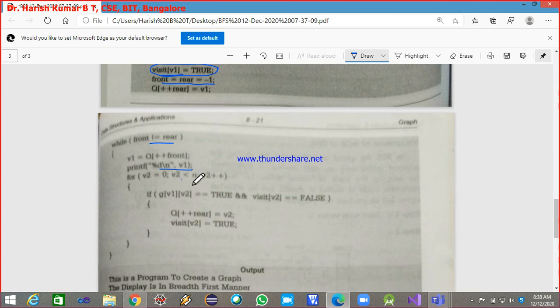Now v2 is equal to 0, v2 less than n, v2 plus plus. For this number of iterations, I check: if g of v1, v2 is equal to true, that means there exists a path from the vertex v1 to v2, and visit of v2 is equal to false, meaning the vertex v2 is still not visited, then we add v2 to the rear end of the queue and we make visit of v2 equal to true.